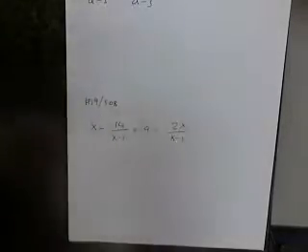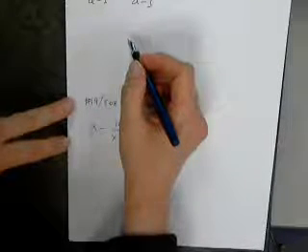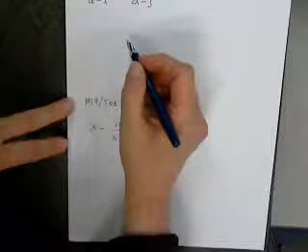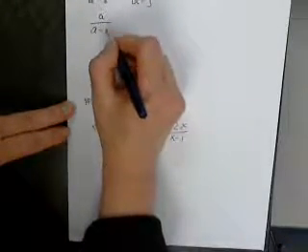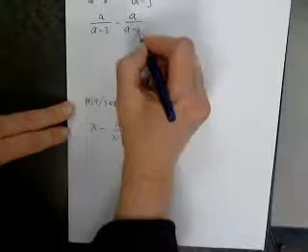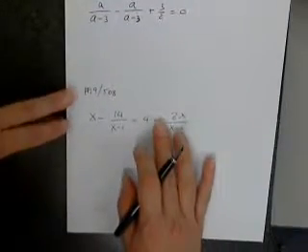Do we need more time? Okay, so can anyone walk me through? Please. Move the A over minus 3 over to the side. Good.